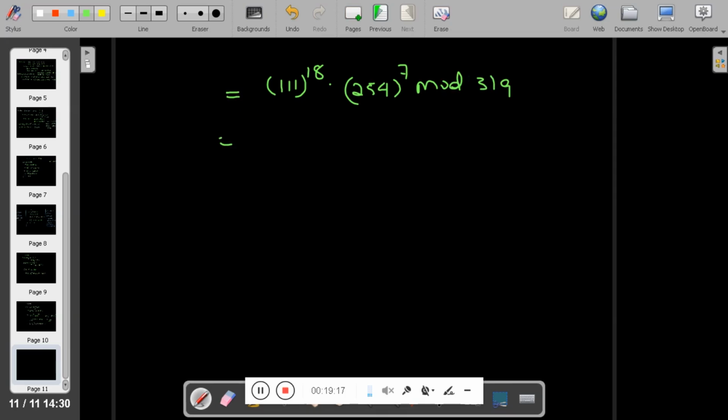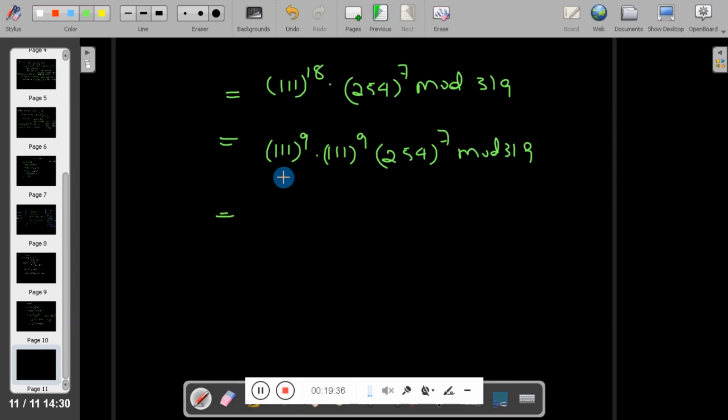Further simplifying, I will write 111 raised to power 9 into 254 raised to power 7 mod 319.